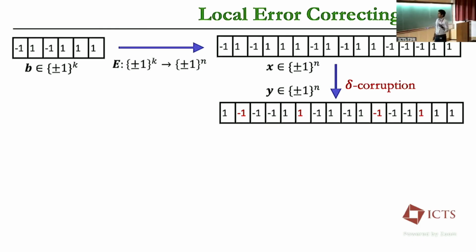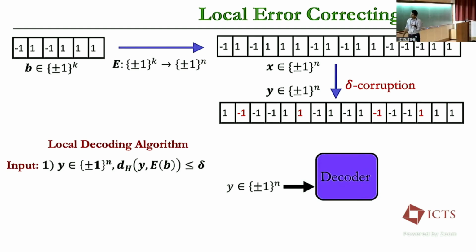What kind of algorithm is this? A usual decoder gets a corrupted code word y. You have some guarantee that the Hamming distance of y from some code word is at most delta, and all my distances are normalized Hamming distances, which means the fraction of coordinates that the two strings differ on. The decoder takes y as an input and is supposed to spit out the message b.